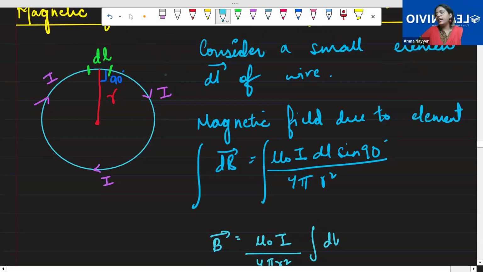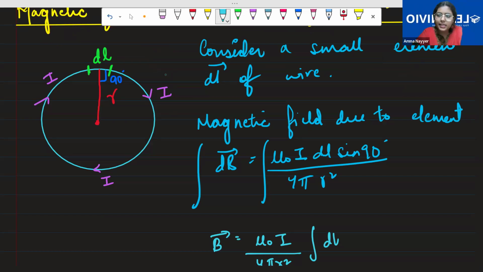Now tell me one thing. If I have a very small length dl and I add dl plus dl plus dl, like this, basically I'm integrating it. So what will I get at the end? If I add all the dl's present on the circle, what should I obtain?